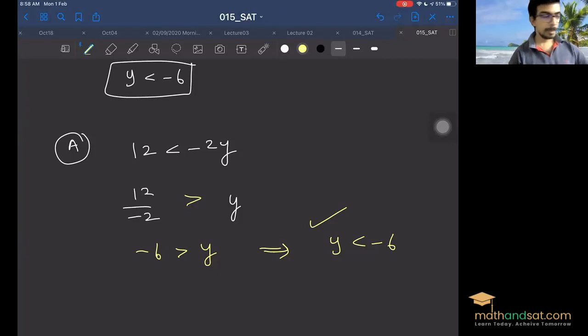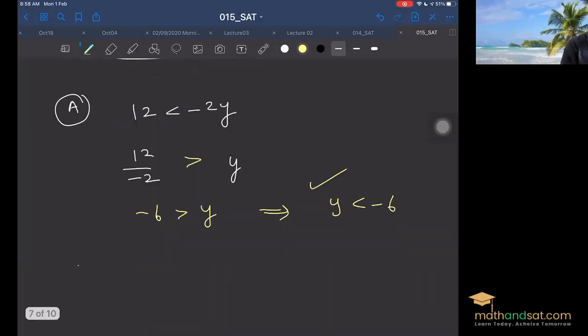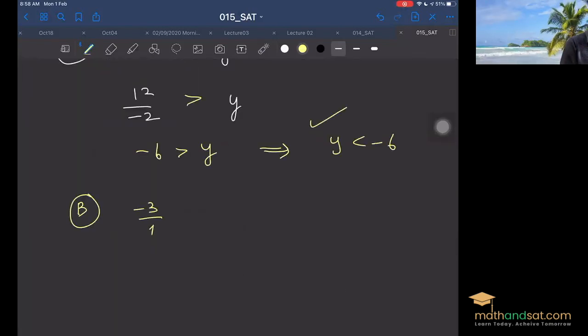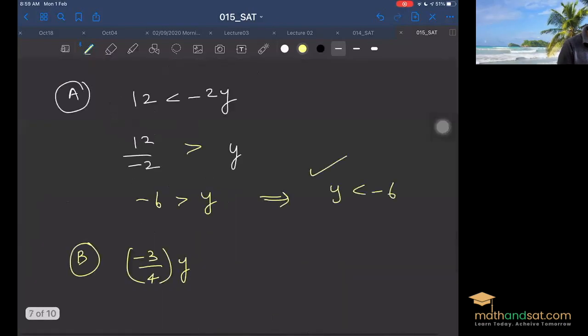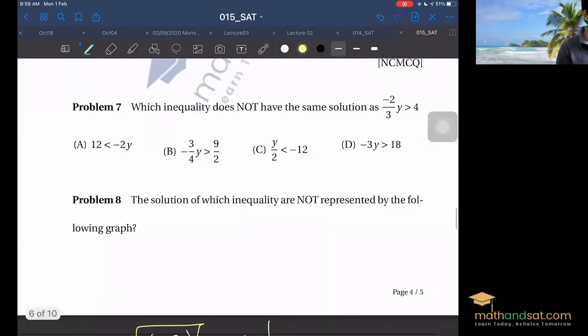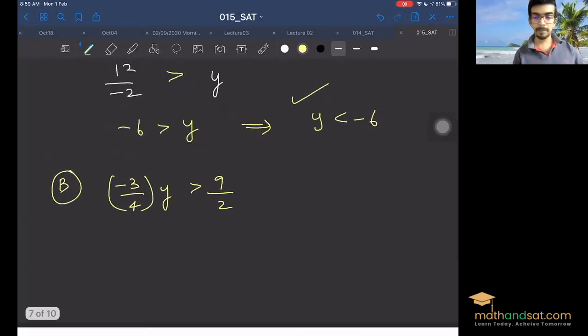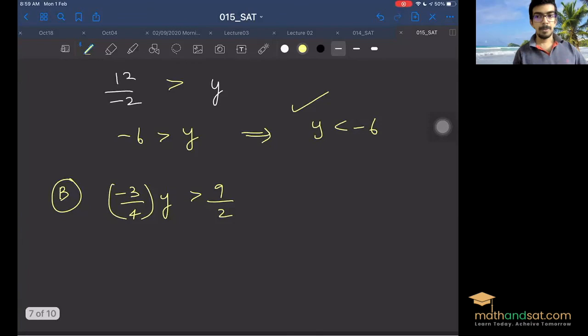Now the next one. Option B is minus 3 by 4 times y greater than 9 by 2.